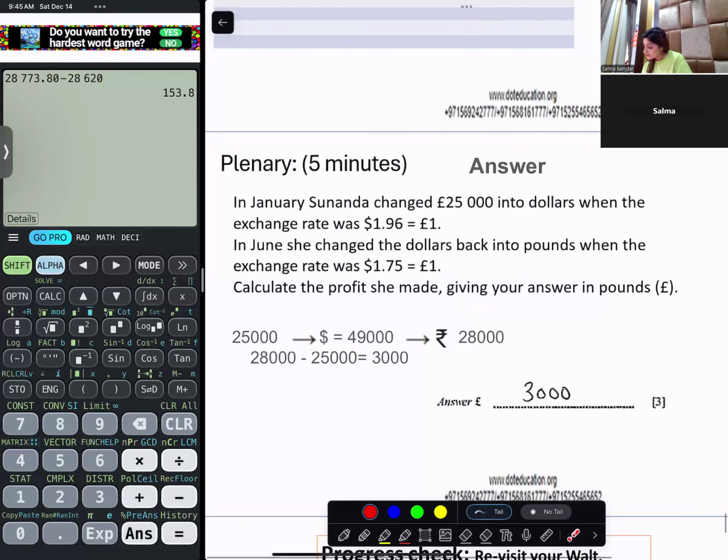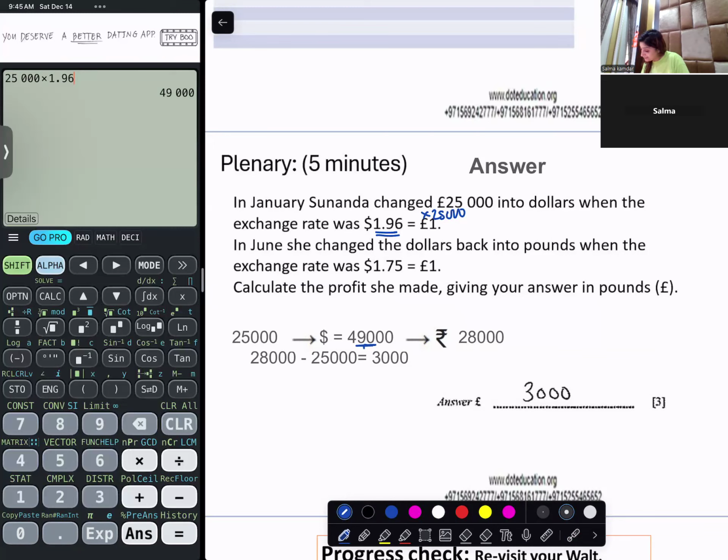So first she converted 25 pounds into dollars. When she converted 25 into dollars, how many dollars did she make? 25,000 into 1.96. So she made $49,000. Okay. In June, she converted dollars back into pounds.